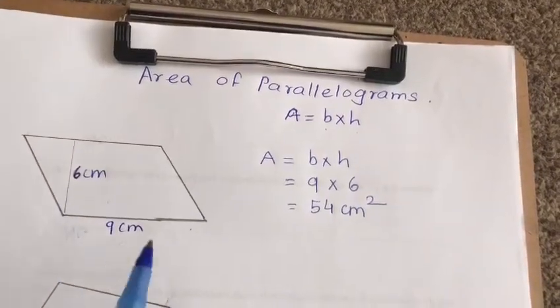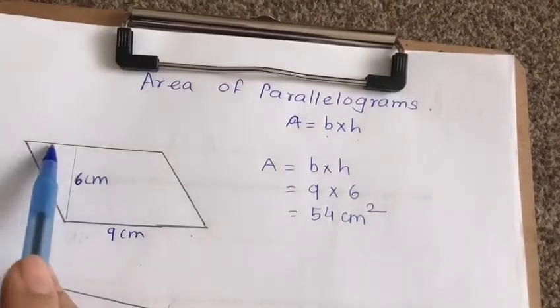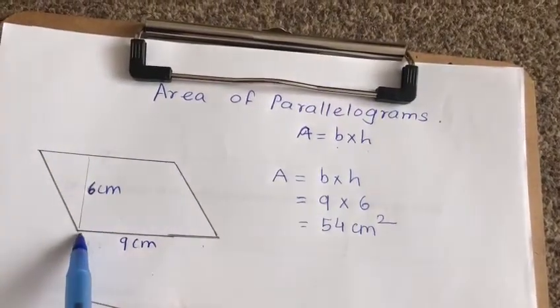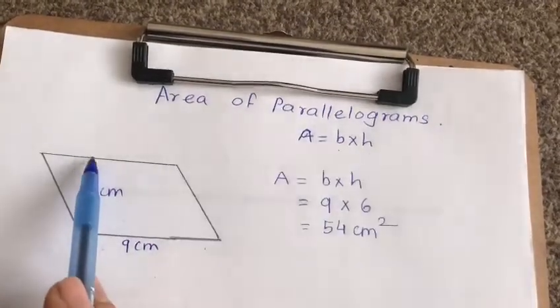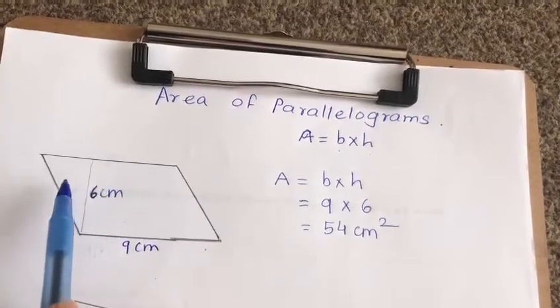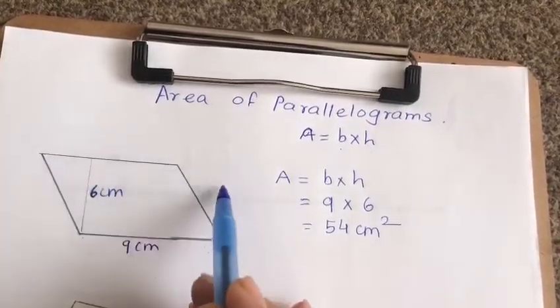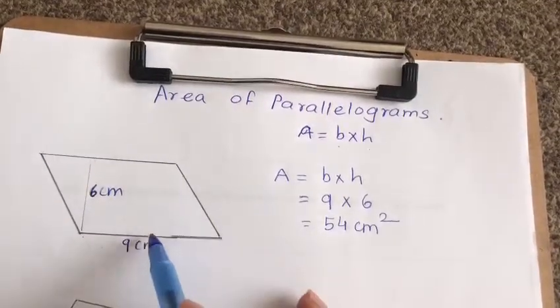If you see in this parallelogram, this portion, this shape, it looks like triangle, and this shape looks like trapezium. If we remove this portion, triangle portion, and move it to this side, then it becomes rectangle.